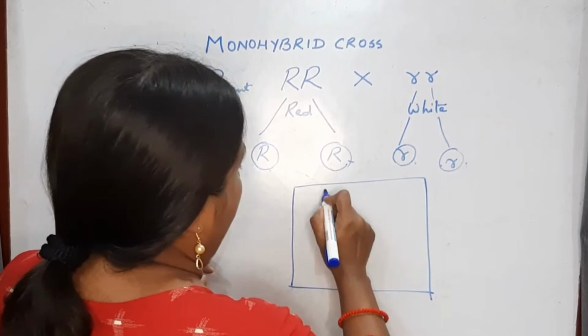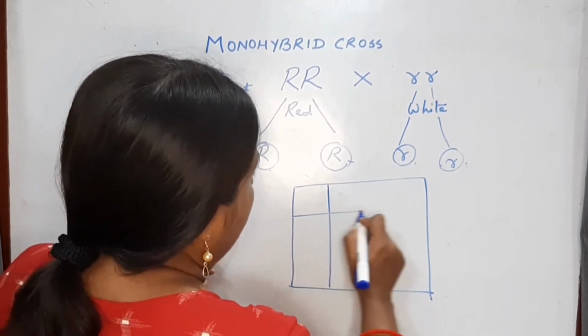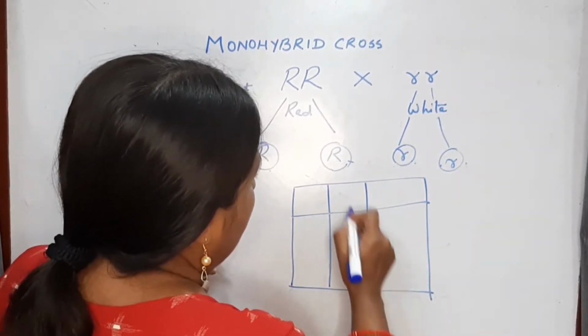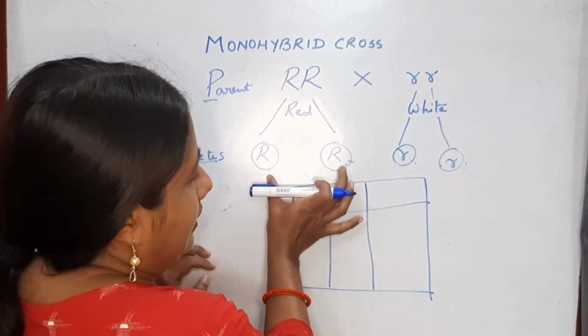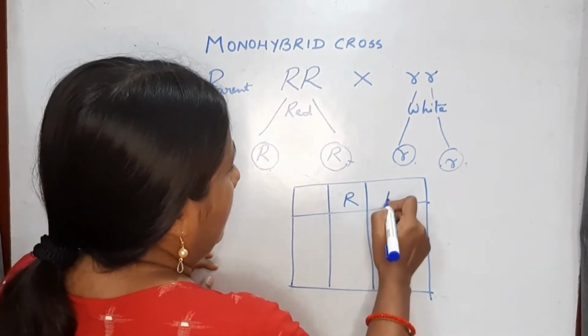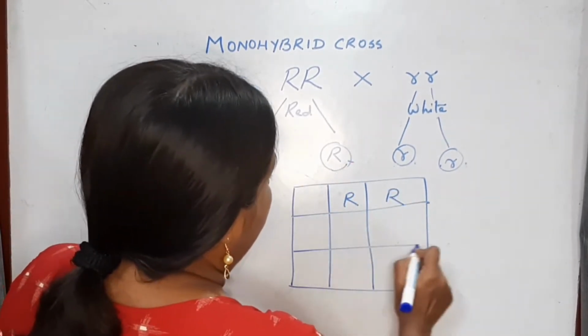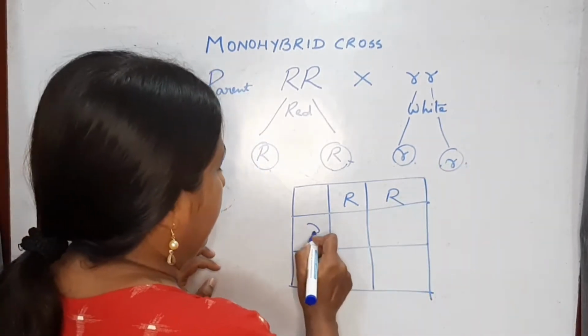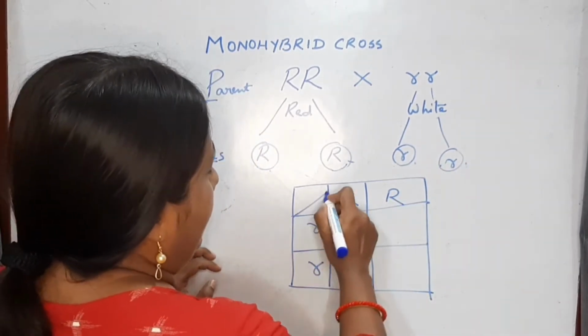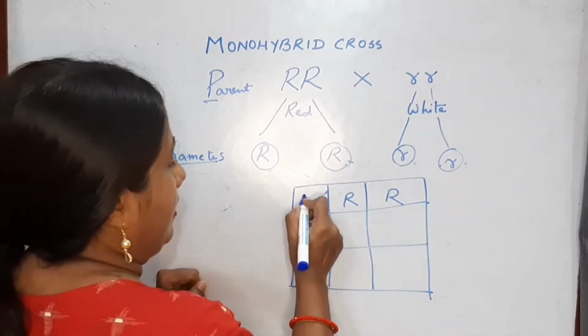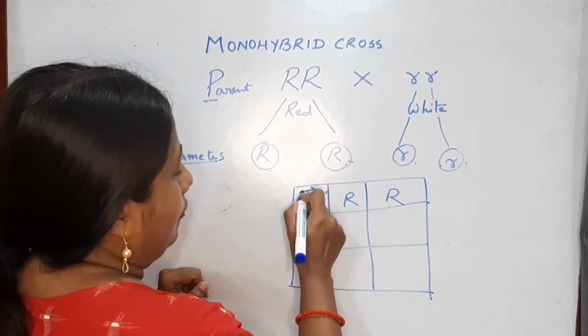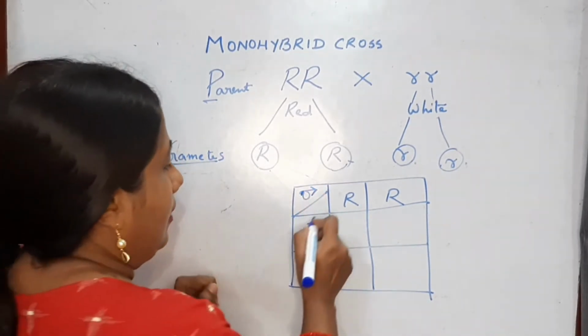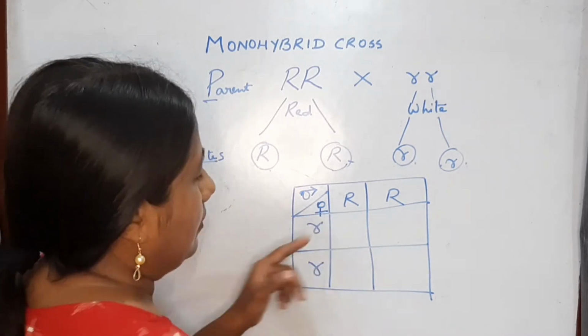In this Punnett square, these two gametes you will write on the top, and these two gametes you will write here. You have to put a symbol. Suppose this is the male, for male you are putting this symbol. This is the female, right?